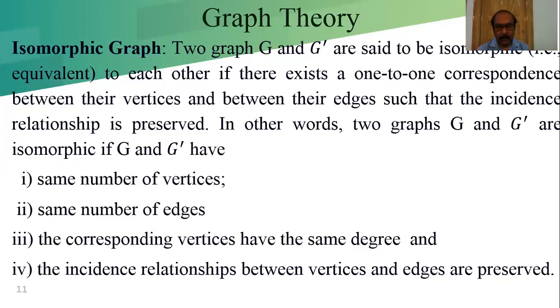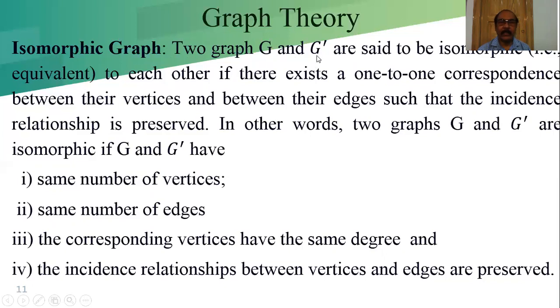With the help of properties, we have to check whether two graphs are isomorphic or not. In a simple look they may not appear similar or the same, that's why it is known as isomorphic. That means they are equivalent or the same.